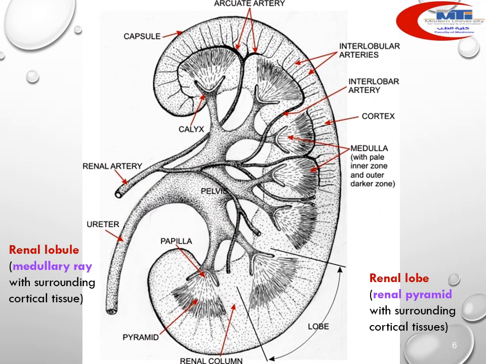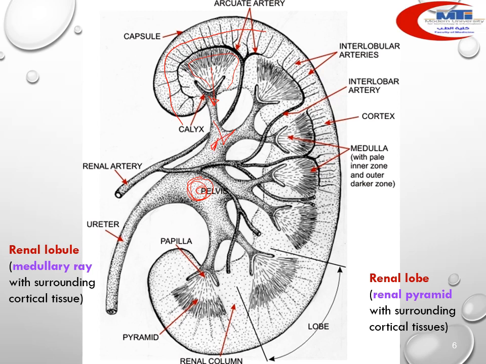Again, in this slide, this is the renal pelvis. The outer part is the cortex. You have medullary pyramids opening into the minor calyx. Minor calyces join together to form the major calyx.